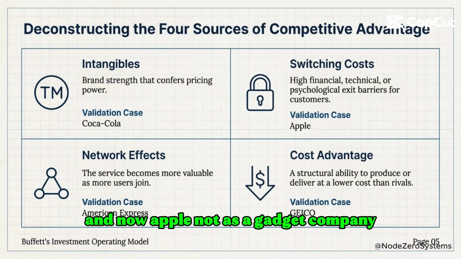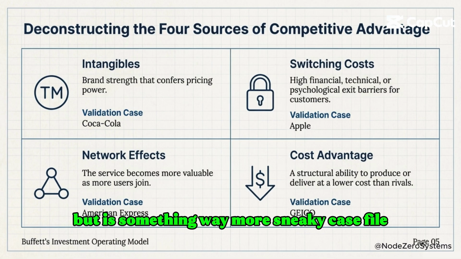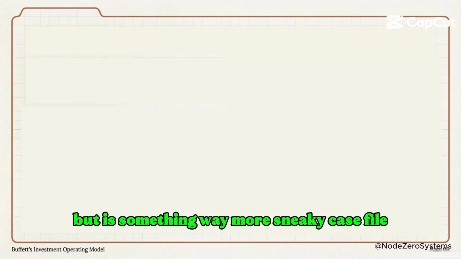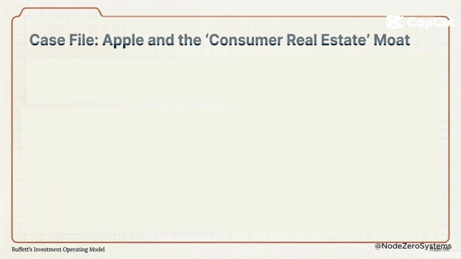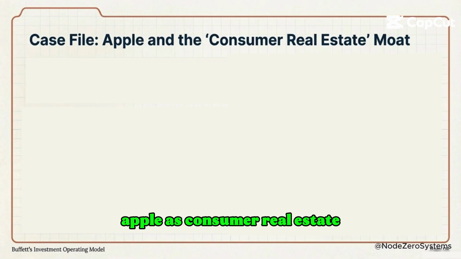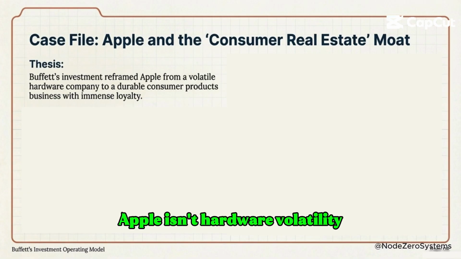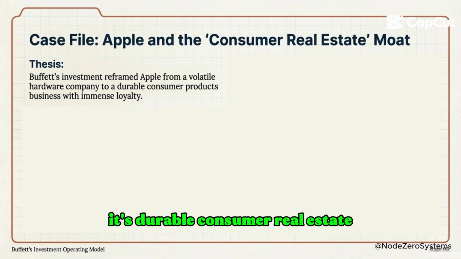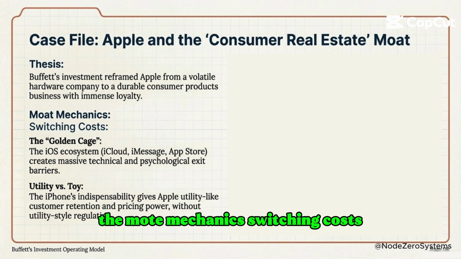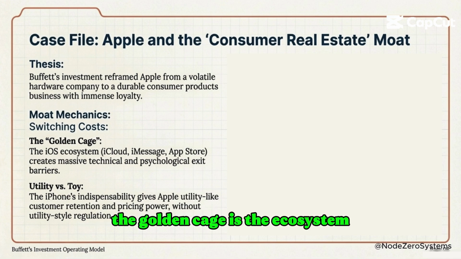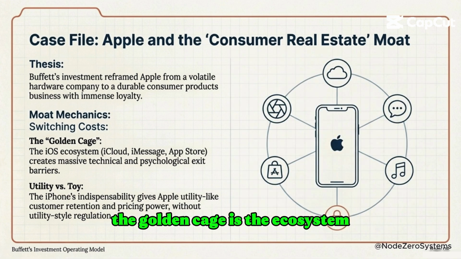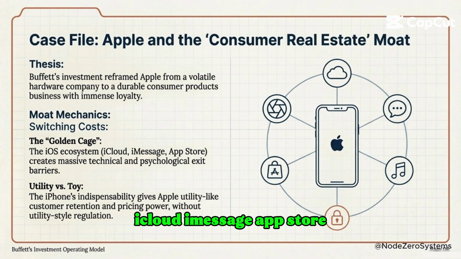And now, Apple. Not as a gadget company, but as something way more sneaky. Case file, Apple as consumer real estate. Buffett's mental judo move. Apple isn't hardware volatility, it's durable consumer real estate. The moat mechanics, switching costs. The golden cage is the ecosystem, iCloud, iMessage, App Store.